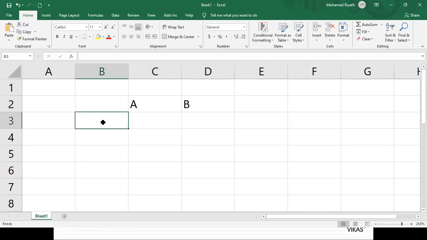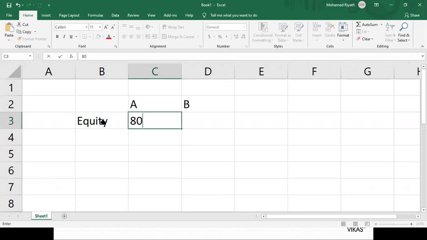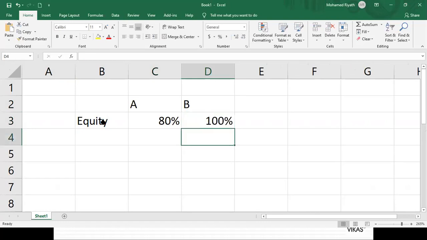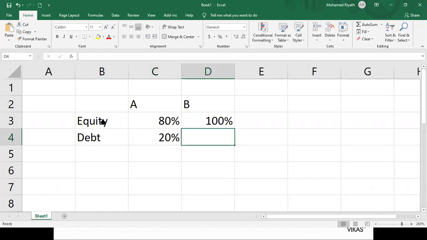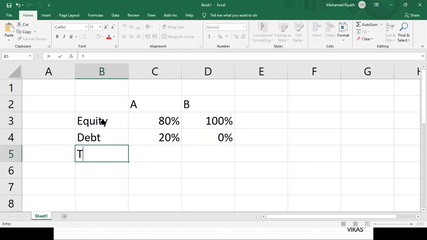So capital structure: equity of company A is 80% and debt capital is 20%, and B is 100% equity capital and debt is 0%.